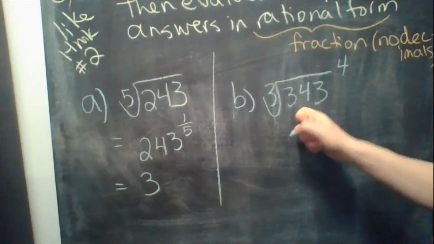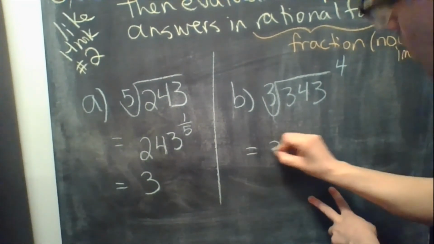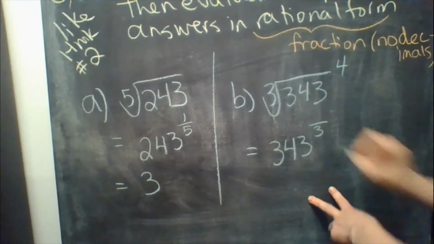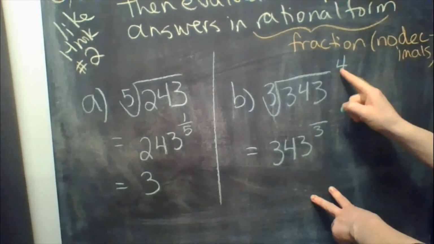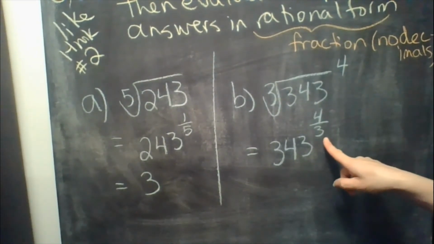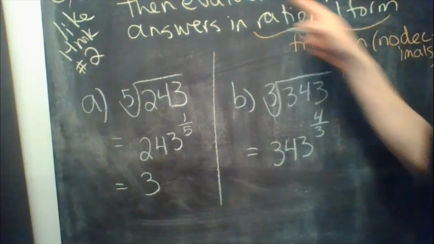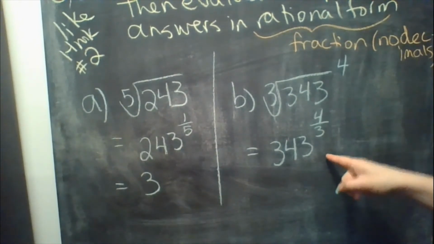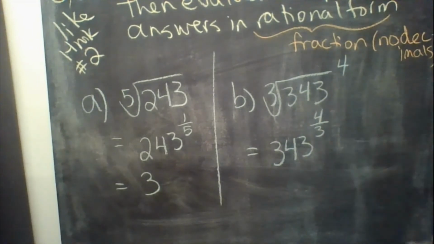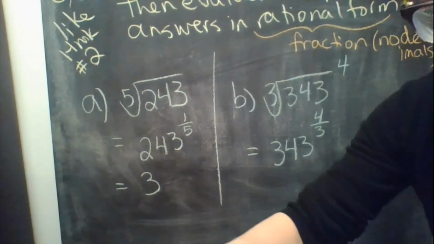So the 3rd root means that my exponent's going to have a fraction with the 3 in the denominator, and everything's to the exponent 4, so I'm going to put that one up top. Now, I actually find this far more clunky when I go to evaluate, unless I'm typing it into a calculator, in which case it's a whole lot easier. If you type it in the calculator, make sure you put your exponent in brackets if you do it all in one step.